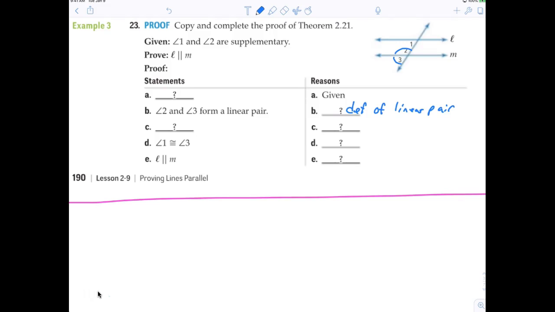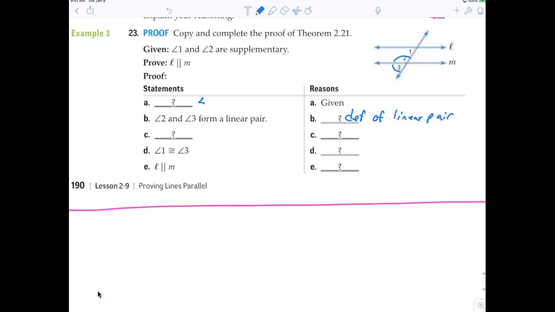Now, let's go ahead. I'm just going to write this up here because I can't see it all the time. Angle 1 and angle 2 are supplementary. All right. So now what? Angle 2 and 3 are supplementary. Why is that?